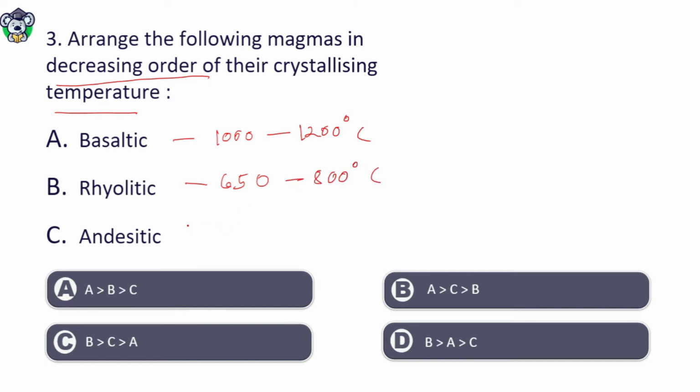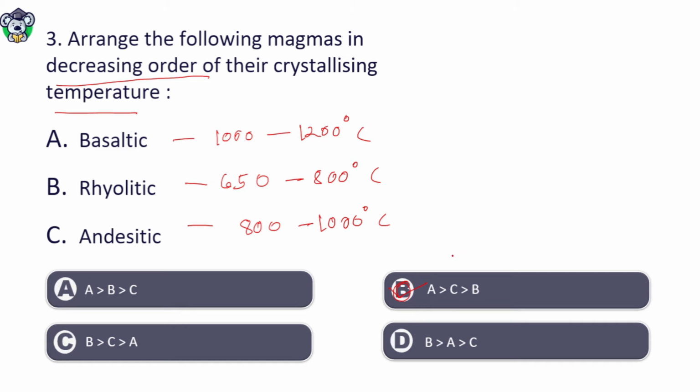Andesitic will be intermediate between these, that is 800 to 1000 degree centigrade. So which magma is crystallizing at highest temperature? That is basaltic, A, then C, then B. Right answer is option B, that is ACB.